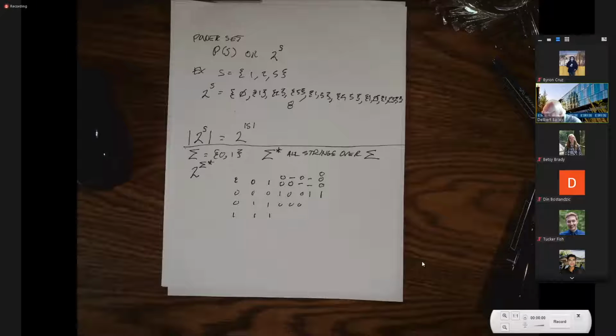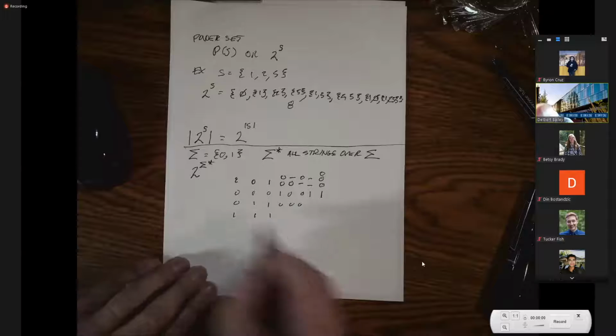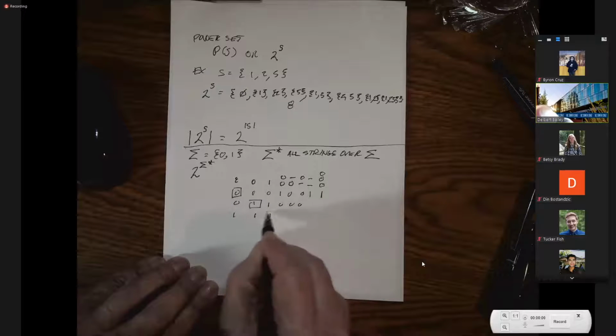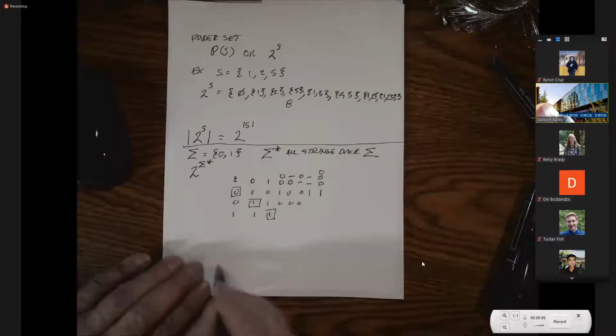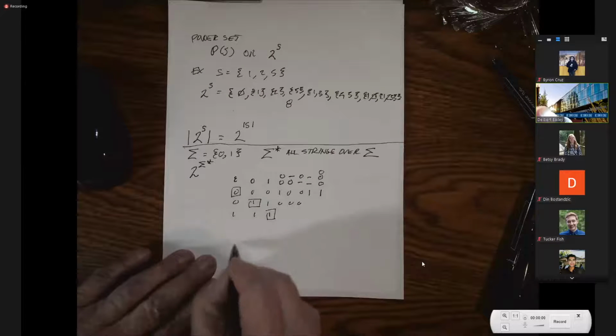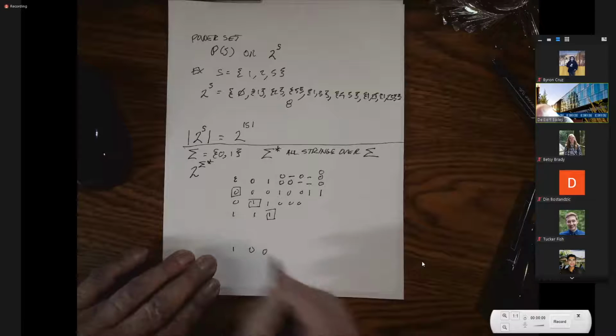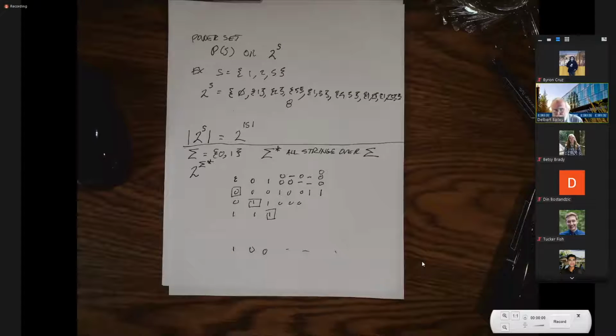So the list couldn't have been all of the subsets in sigma star. And again, we would do it the same way we did before. The diagonalization argument. So this subset that's not in the list then is going to be 1, 0, 0, etc. Questions on that?